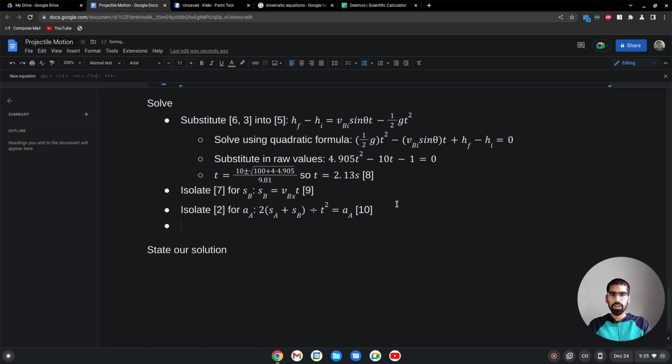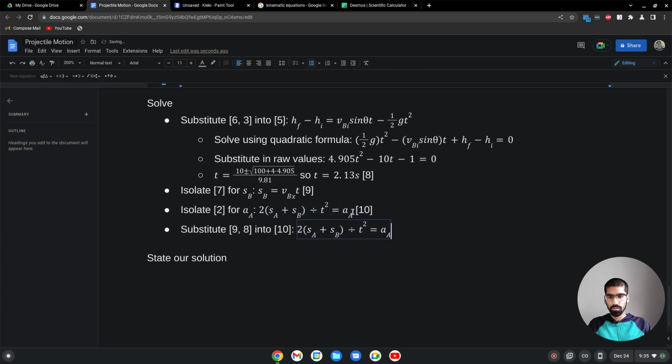And now for the final solution, we have to substitute 9 and 8 into 10. So we have here SB, it's going to be equal to VBX times time.